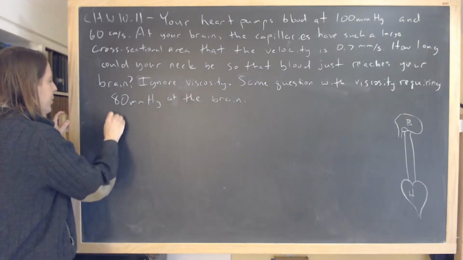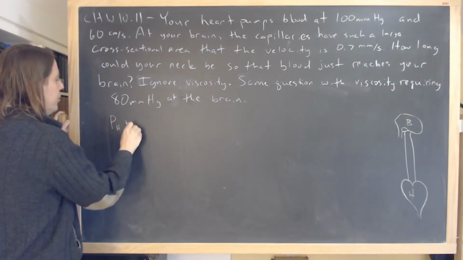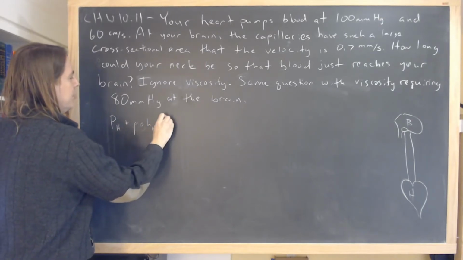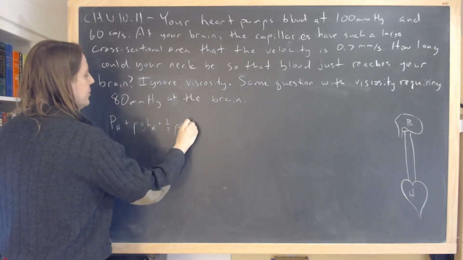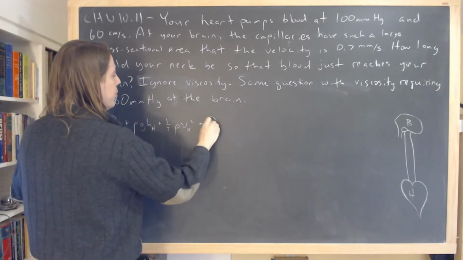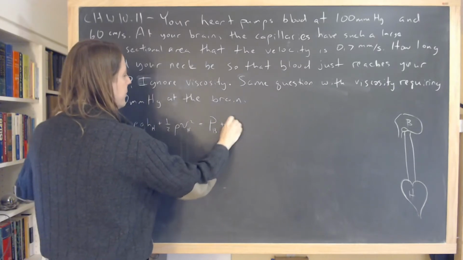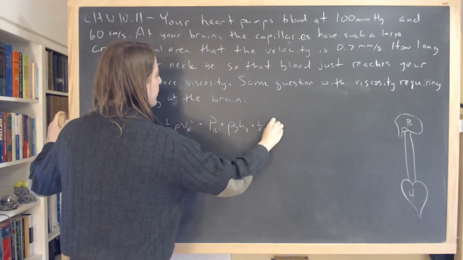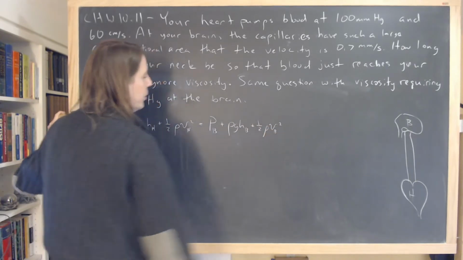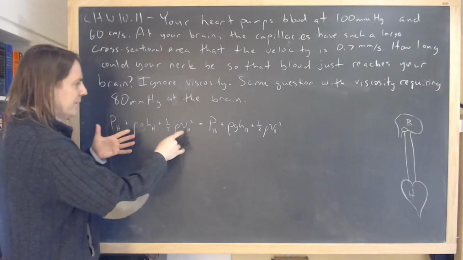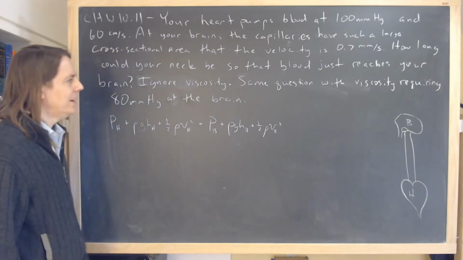It's the pressure at the heart plus the height at the heart plus 1/2 rho v squared at the heart equals the pressure in the brain plus the height term in the brain plus 1/2 rho v at the brain squared. This is how all the flow problems work. So the trick is figuring out what to put in all of these.